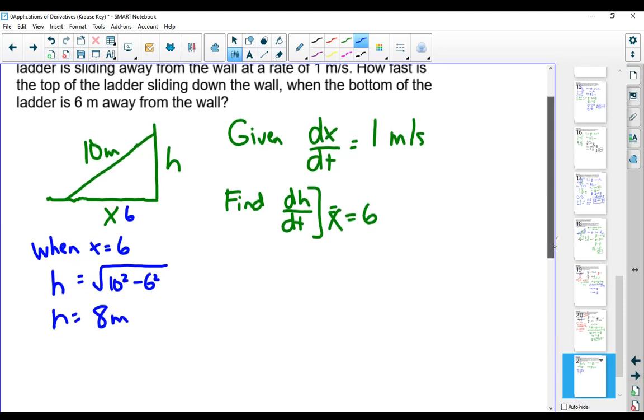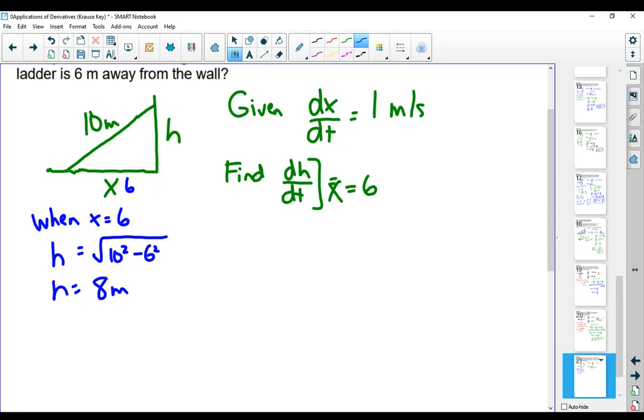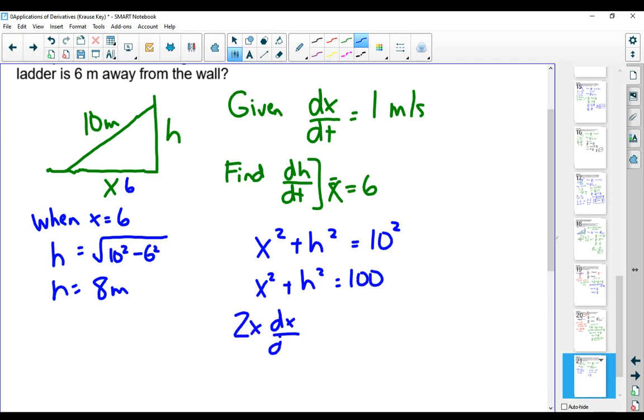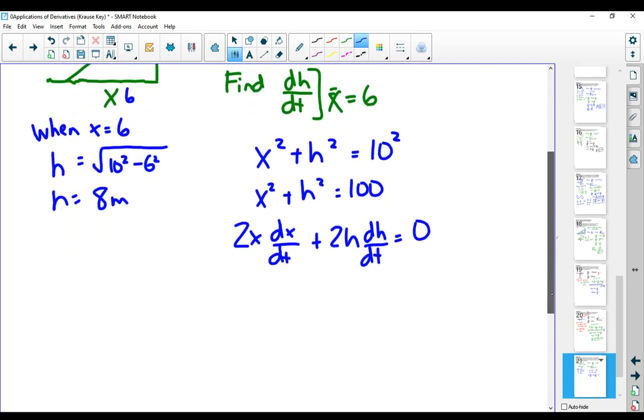Again, this is a Pythagorean theorem question, just using different variables. x squared plus h squared equals 10 squared, which is 100. Take our derivative: 2x dx/dt plus 2h dh/dt equals, remember the derivative of 100 is 0.